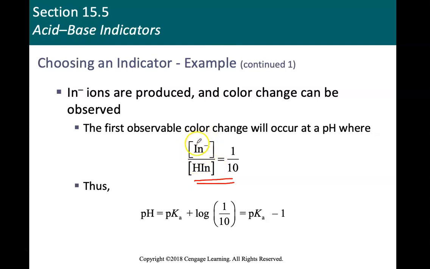So here we have the ratio of the two concentrations, where the onset of color change is said to be a factor of 10. So 1/10 in the ratio. So substitute that in, and we get pKa minus 1, because this ratio here will be a minus 1.